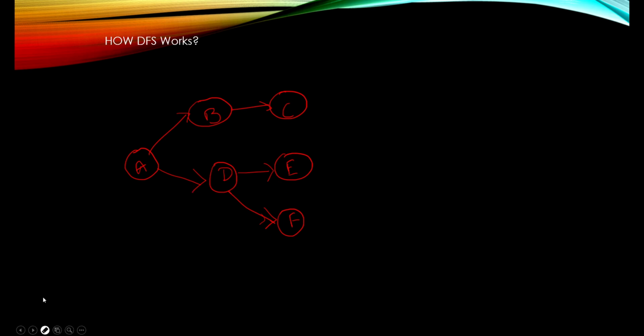Why we will be using a stack is because it is a last in first out kind of data structure. So we will have a stack here. Please mind the handwriting.